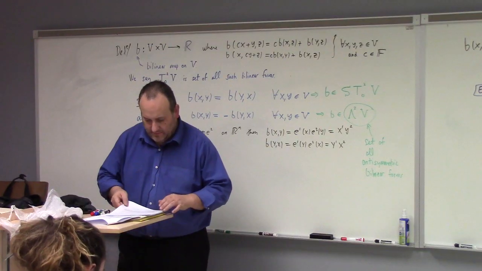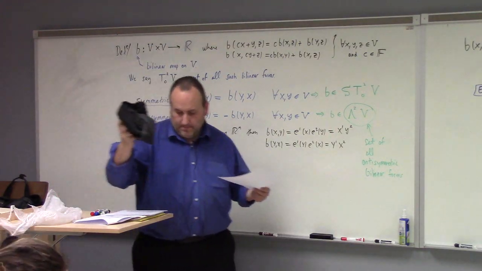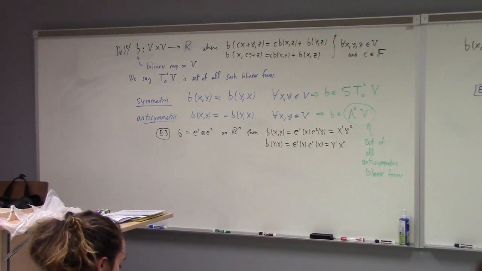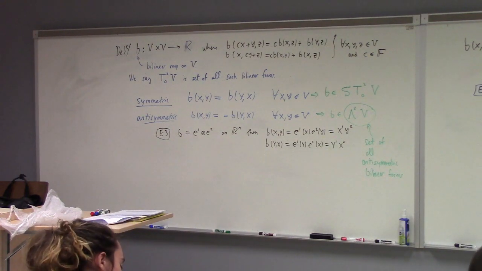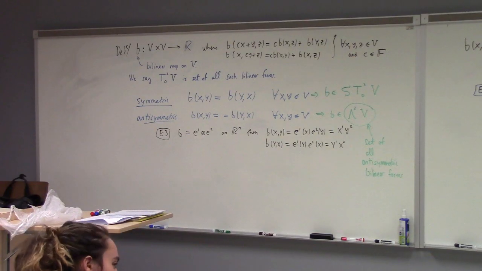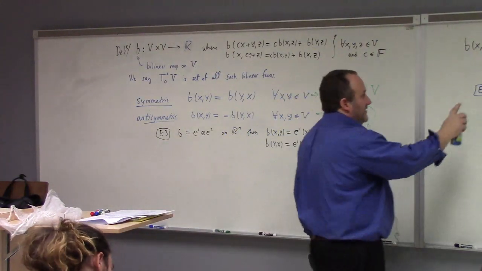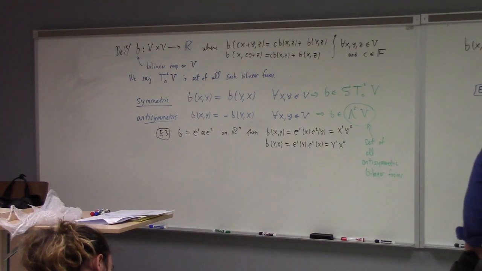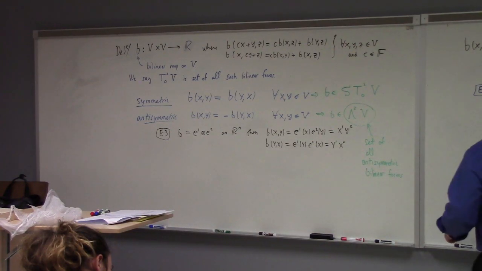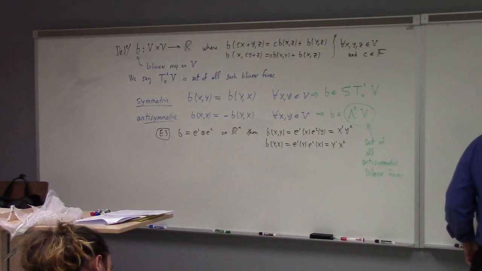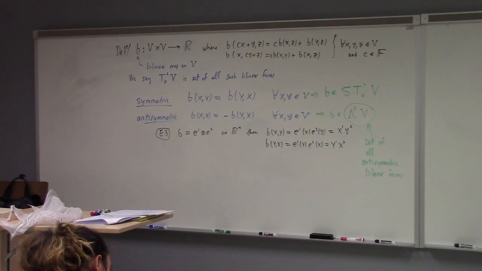All right, so let me give you another definition. If we can build bilinear maps on the vector space, we could also build bilinear maps on the dual space. Yeah? So that's the next thing I do here.